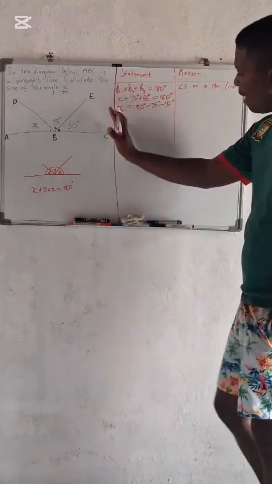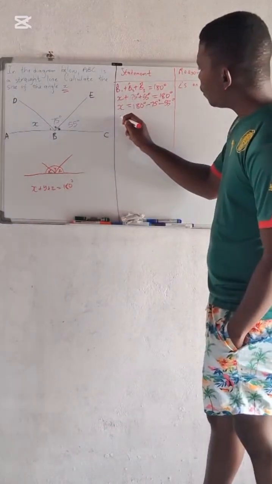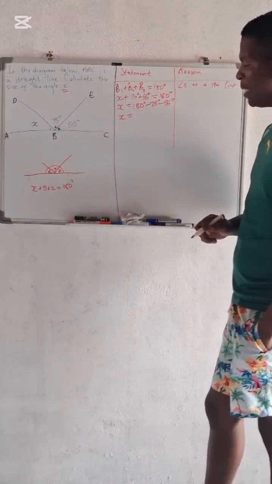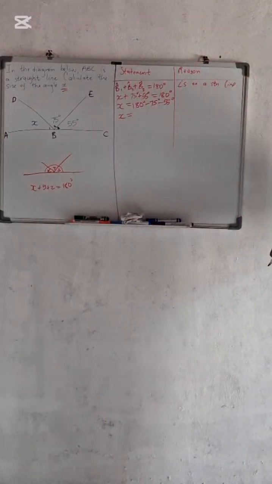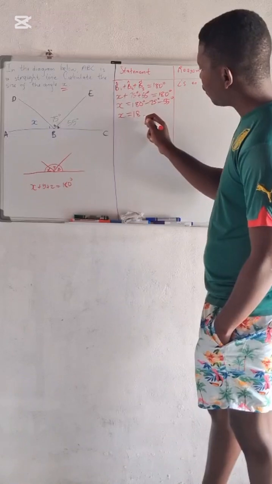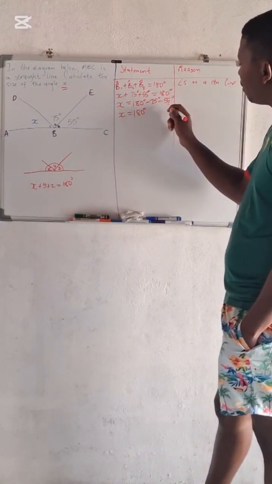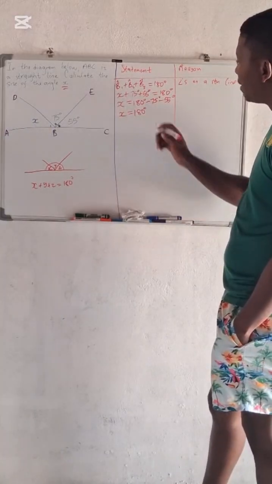Right. So now I have the variables to the left, I have numbers to the right. All I need to do now is do what? I am simplifying. Because I don't have a calculator, I'm going to say 180 degrees. What is minus 75 minus 55? Signs are the same.